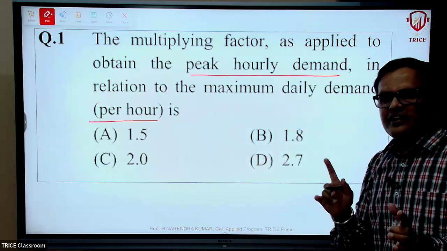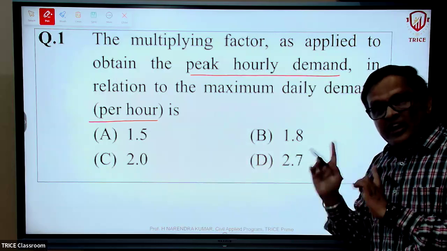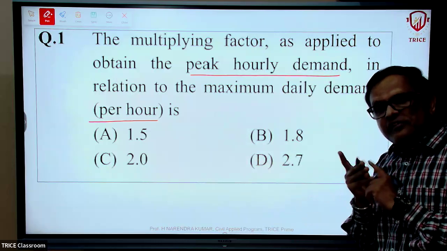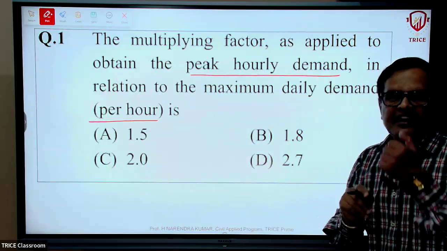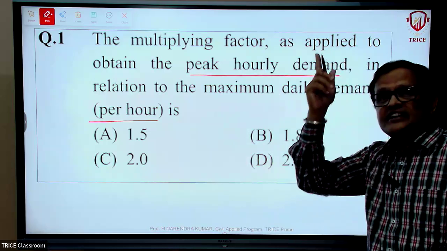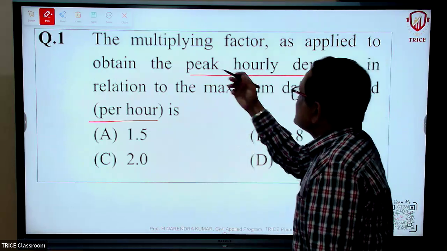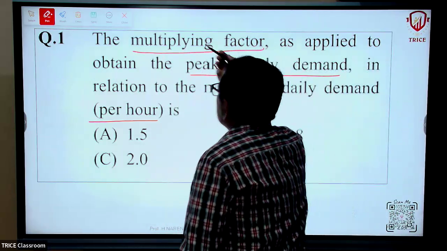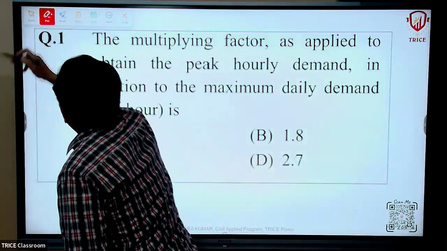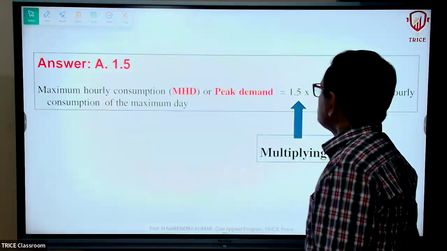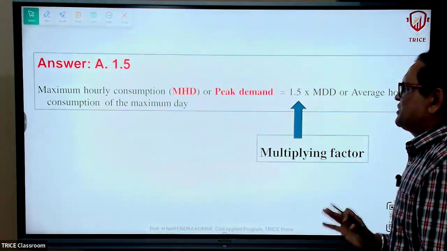As I said earlier, there is a maximum day already. In that, we need to choose the maximum hourly demand. That is what peak demand is all about. So they are asking what that multiplying factor is. These are all theory questions that you need to remember. So I am giving you a little bit of explanation.